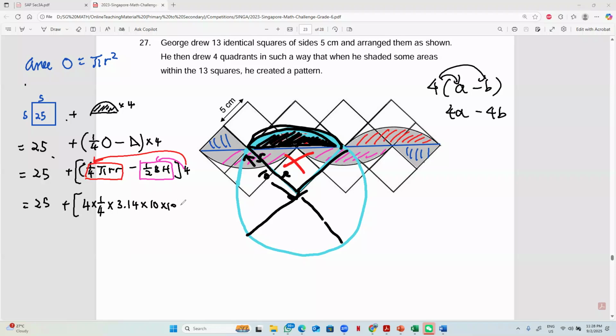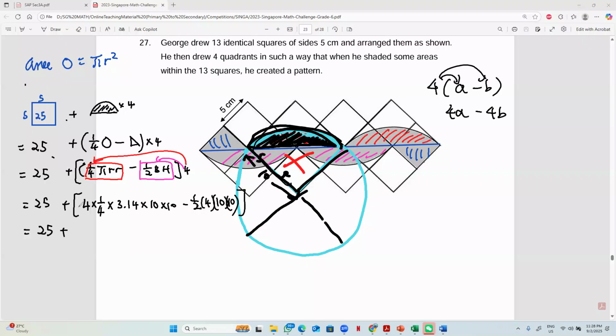This is the part of our whole quadrant circle. And I'm going to minus 1/2 times the 4, because I'm going to times the pink color set. So I put the 4 here, and my base is 10, my height is 10. So this is all my working to get all the shaded parts.